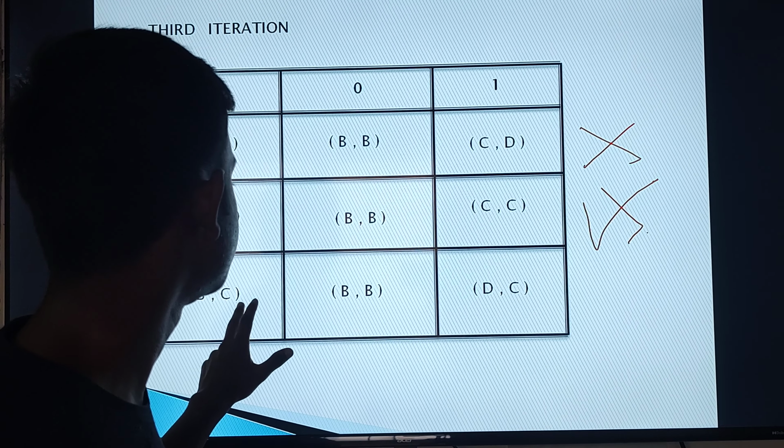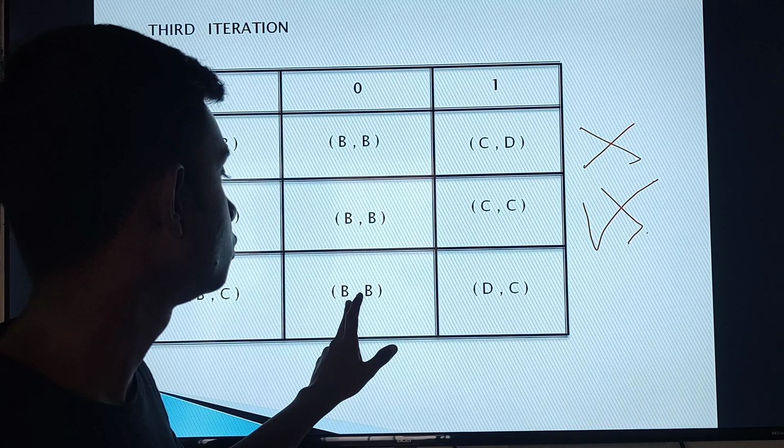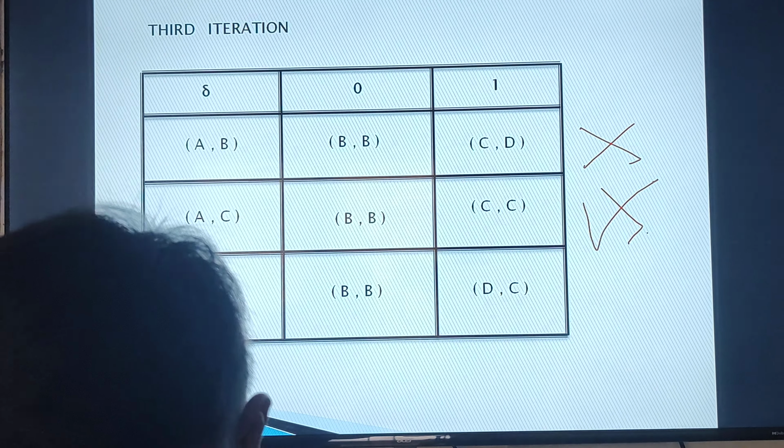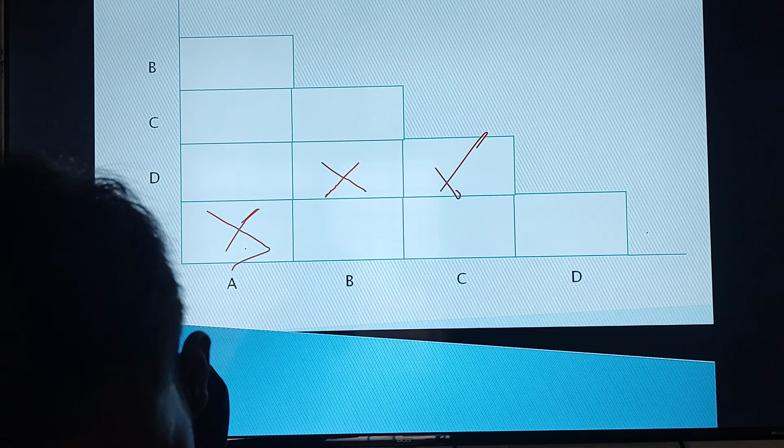For B comma C, it is going to B comma B and D comma C. B comma B and D comma C, so both are non-final. So do not mark.